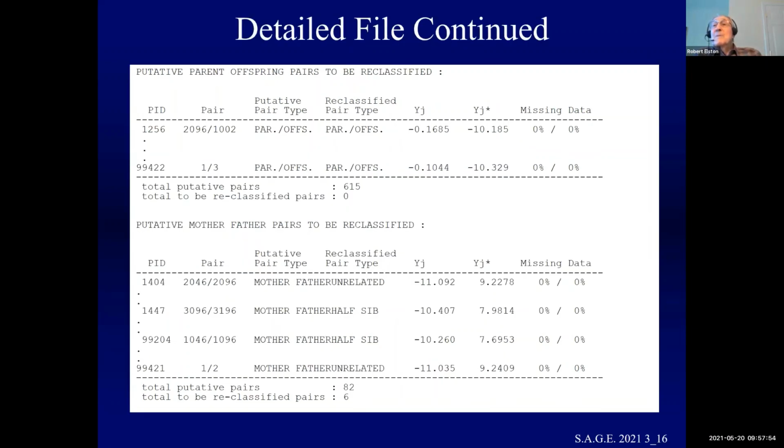Okay, and we have the putative parent offspring pairs to be reclassified, and it tells you those. It gives you the pedigree ID and the pair number and so on, and you get all this information down the bottom.